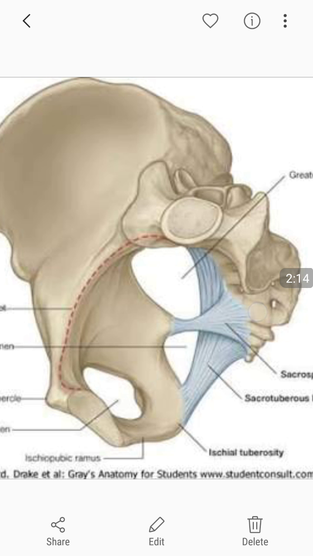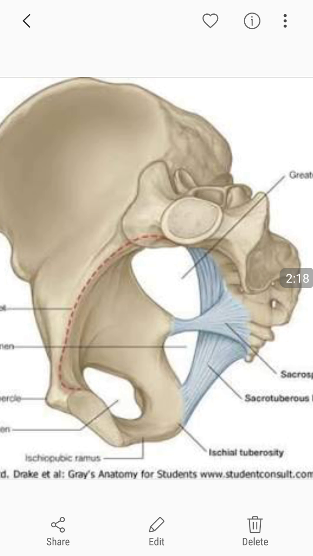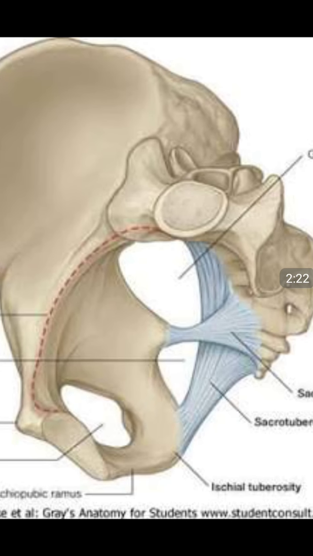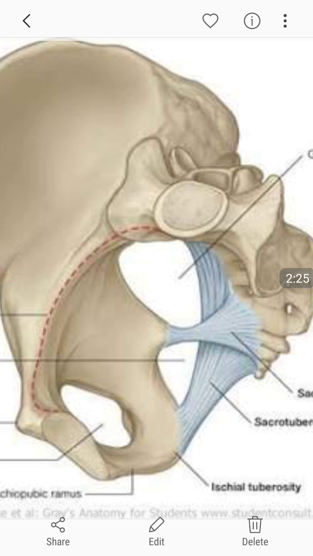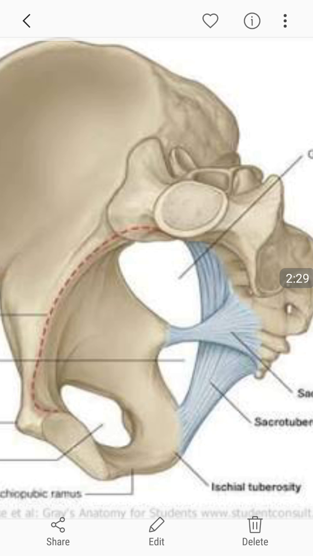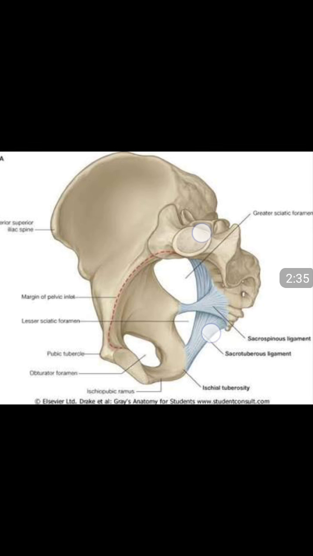This is the sacrospinous ligament, because it spans between the sacrum and the spine of the hip bone. So this ligament converts the greater sciatic notch into the greater sciatic foramen. Here you are looking at the greater sciatic foramen.